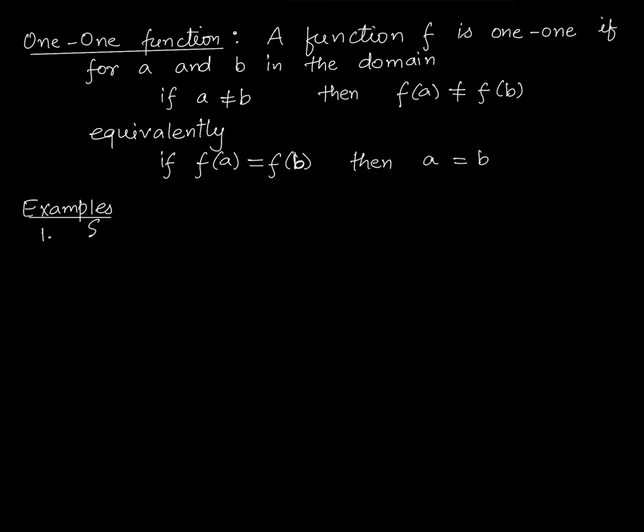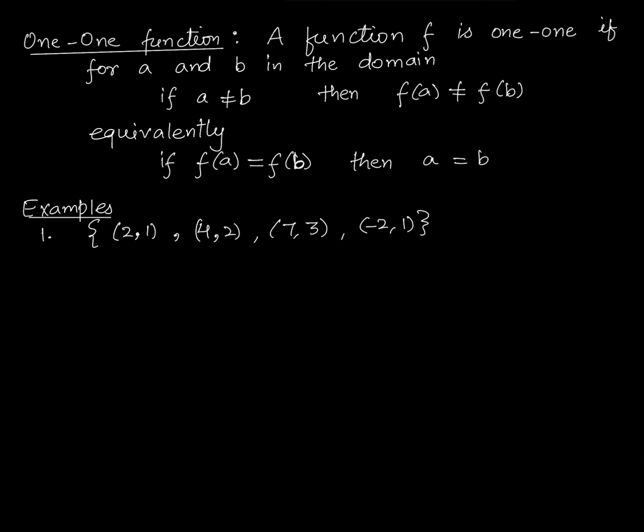First example, let's start with the set form. The relation is given in the set form. So in this case, if you will see 2 and -2, 2 and -2 both have same output as 1. So this is not 1 to 1.